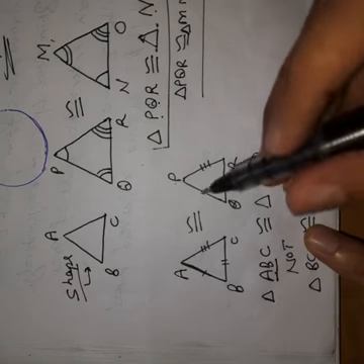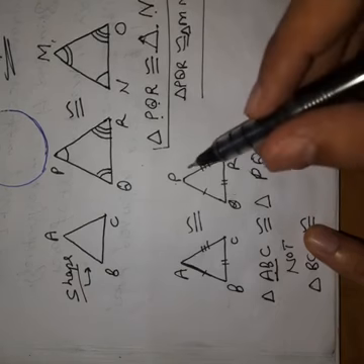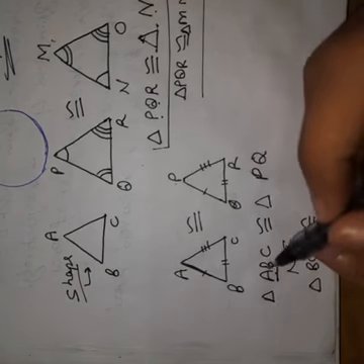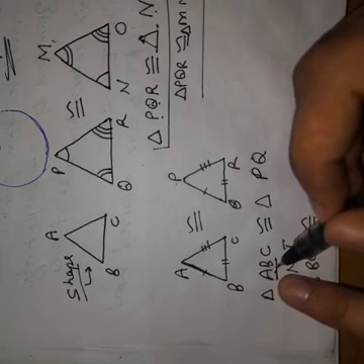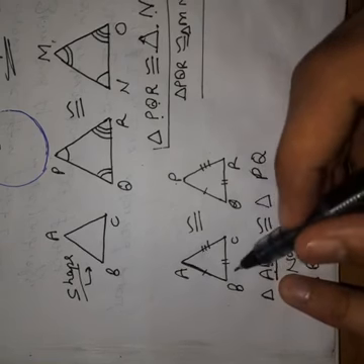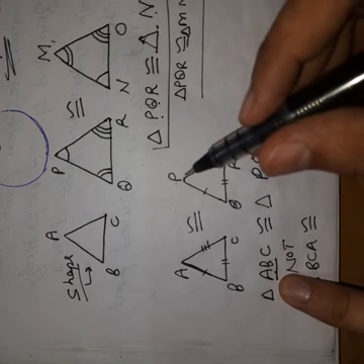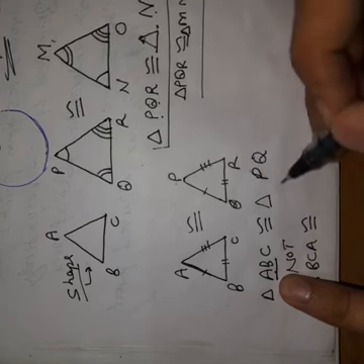We will write corresponding equal side. We cannot write here PR or QR, because first two letters in this triangle represent AB side. So here we will write the corresponding equal side, which is PQ.